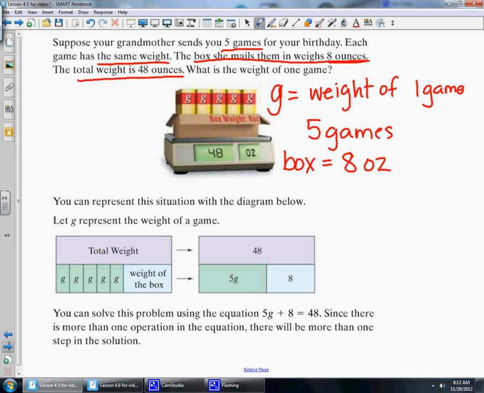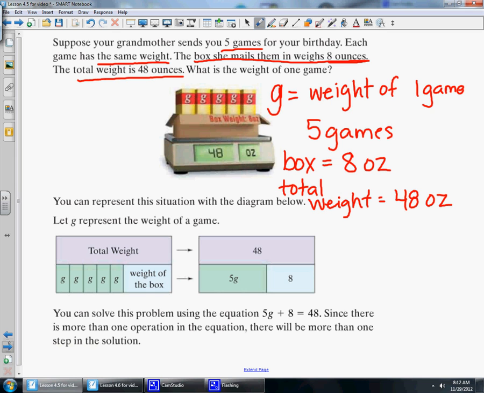And the total weight is equal to 48 ounces. So we took all the information in the problem and wrote it out.